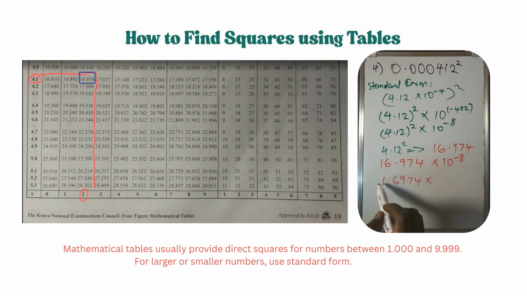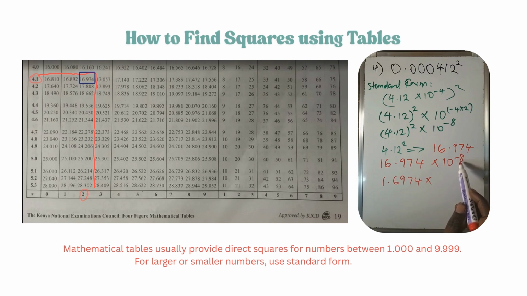When we shift the decimal to the right, we are going to add 1 to the power. So negative 8 plus 1 will be negative 7. We can leave the answer as 1.6974 times 10 raised to negative 7.